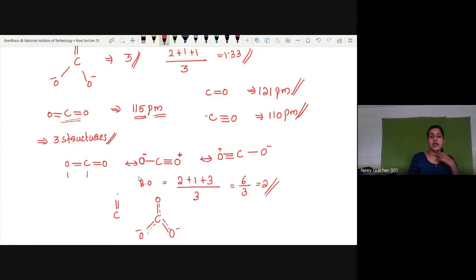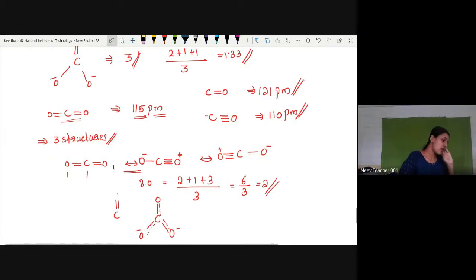It is not like the carbon and oxygen have a double bond for some time, and after some time the double bond is between these two oxygens. And there is no equilibrium between these resonance structures. Don't get confused like that. The actual structure of a molecule is the resonance hybrid only, and resonance structures are imaginary and do not exist in nature.